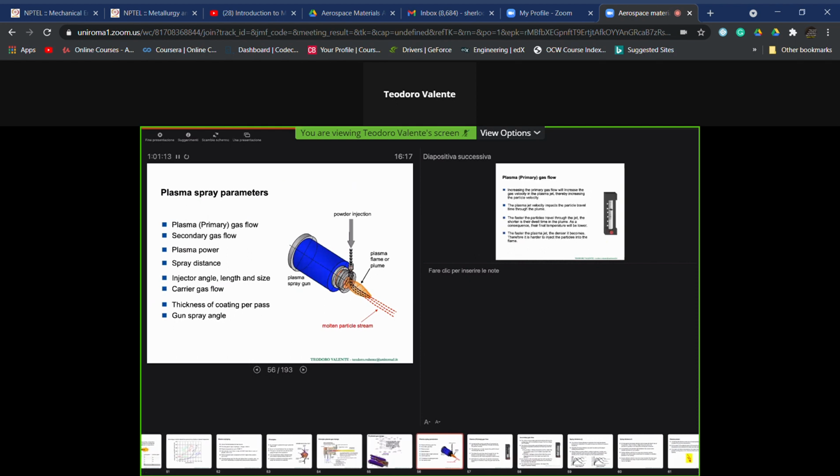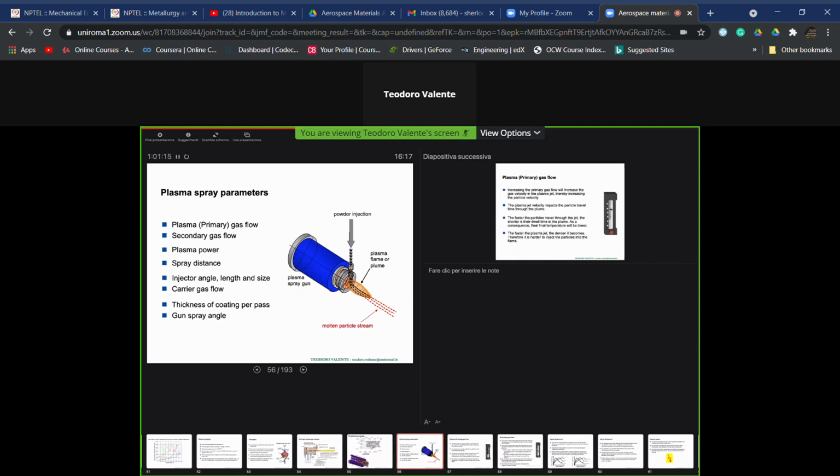Which are the parameters which can affect this kind of technology? There are many, as we will see. Let's have a look at the most important in order to give you some guidelines. For sure, the primary gas flow of the plasma is important.